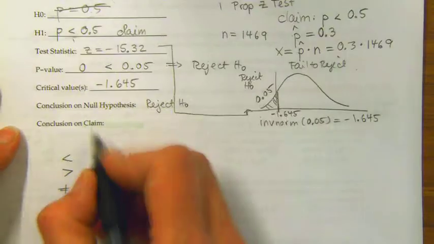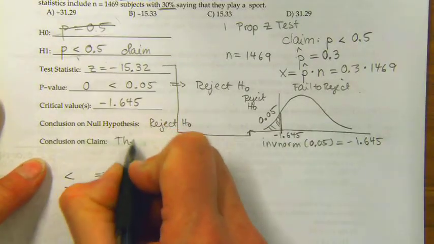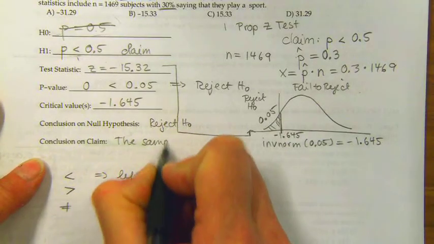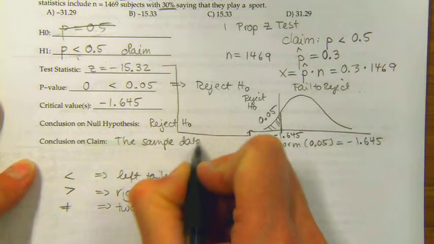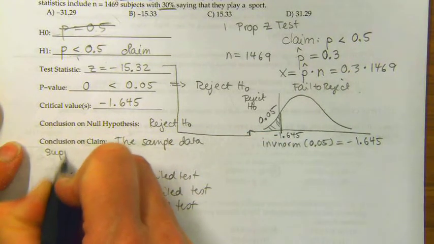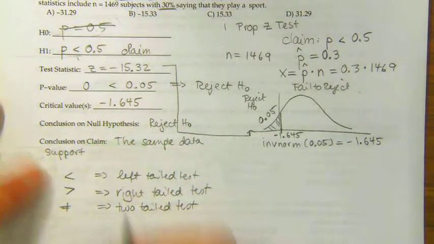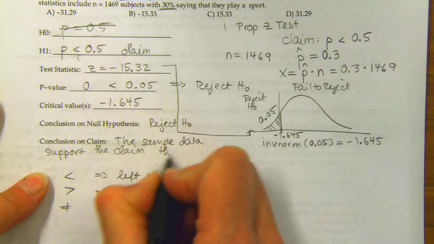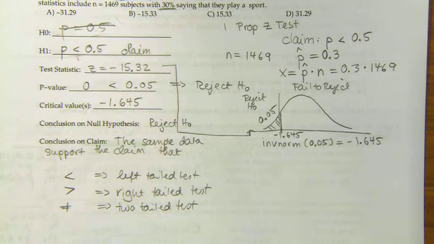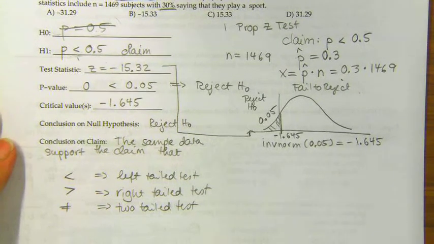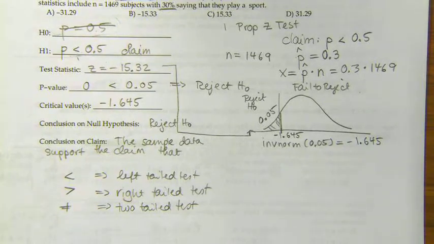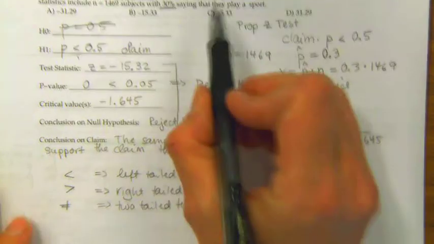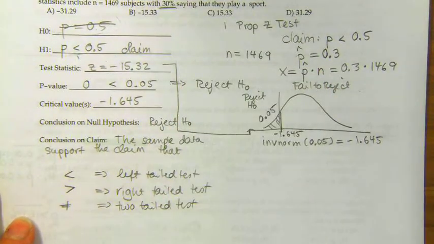Okay, so the sample data support the claim. So you're simply copying the first part down, and then you're going to have to go back and look at what was my claim, or what was that claim. The claim is that the proportion, right, of children who play sports is less than 0.5.